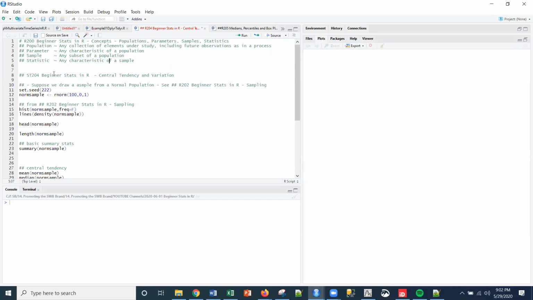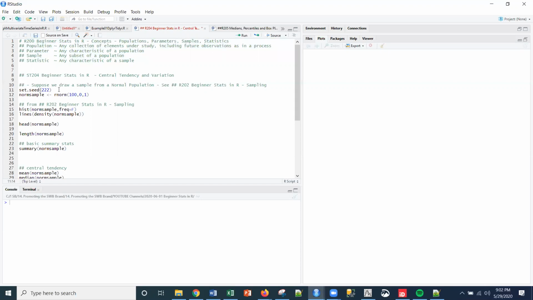So this particular video is going to be on central tendency and variation. We're going to suppose that we have a sample that's drawn from a normal population. So we're taking a subset of a normal population and we're using R to do that.